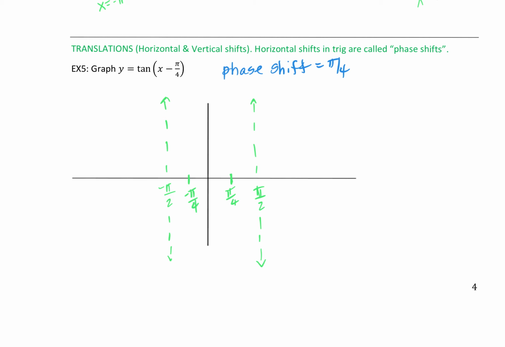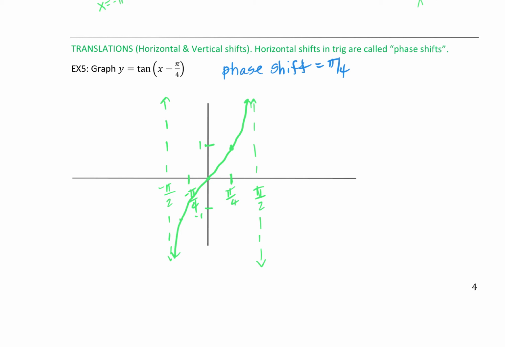If we shift tangent, we shift everything. We even shift the asymptote. So it starts low. If this were a 1 and a negative 1, it's going to start low. And I'm going to keep it in green because I'm going to shift. So remember, tangent low to high.